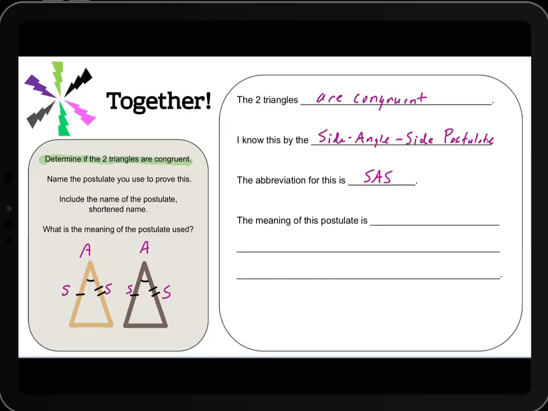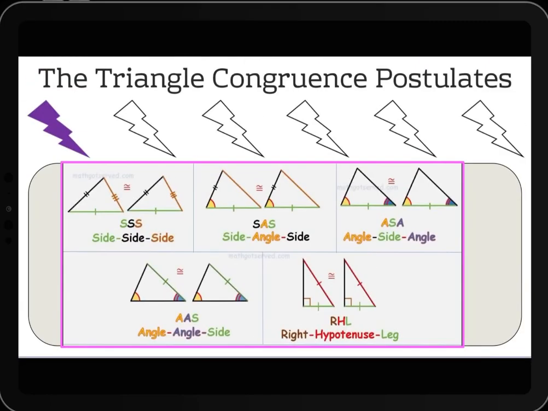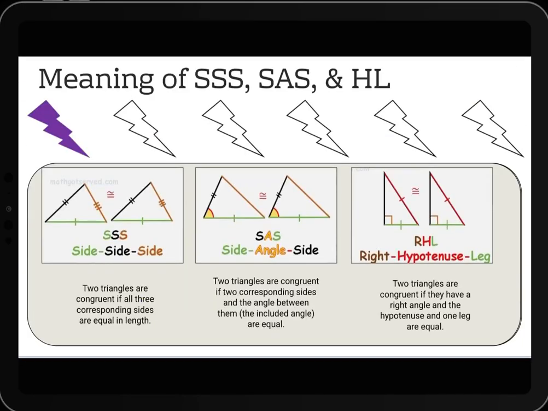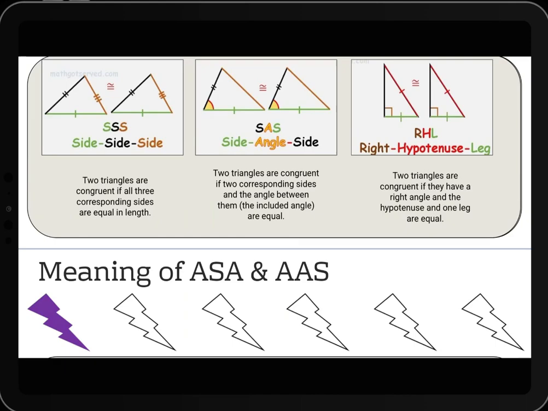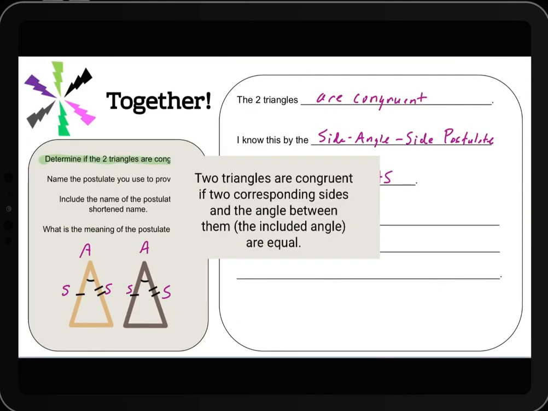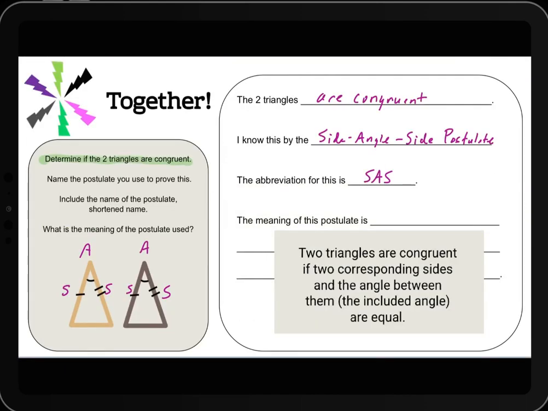Once again, I can go up to my slides and I can identify the side angle side that's right there. There's my justification for why they happen to be congruent to each other. And I'm going to come down here and select that, paste that in there, and voila, there I go.